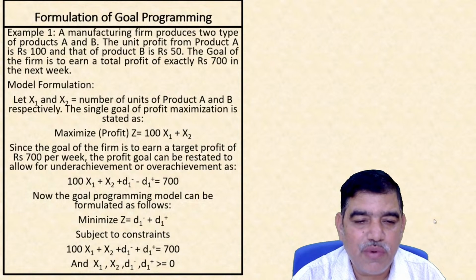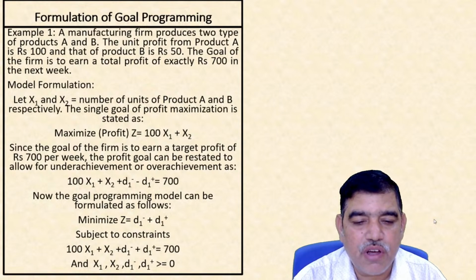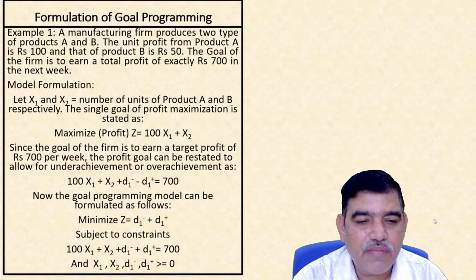That means we plot our graph in the first quadrant of the graph paper, on the x-axis and y-axis. So let us consider that if x1, x2, d1 minus and d1 plus are positive, then the straight line we have drawn using a graph, let us consider it as A and B.